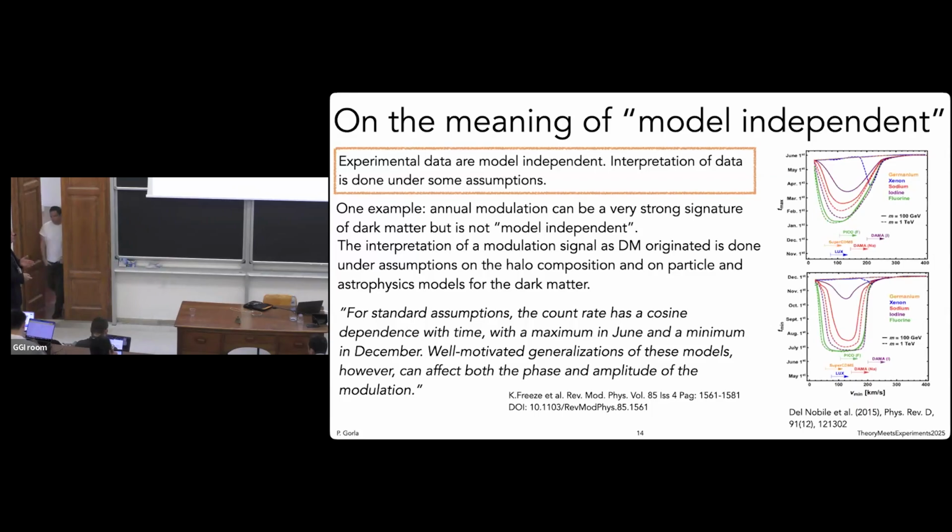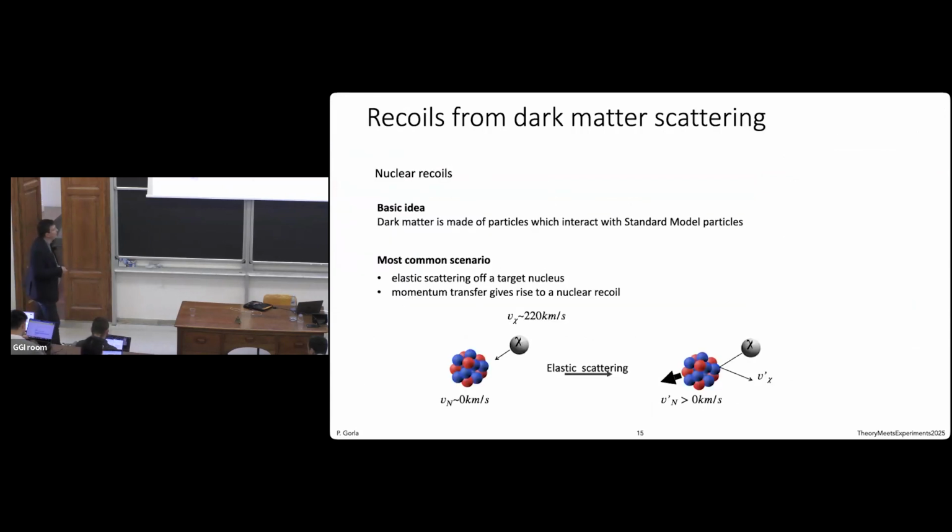So you get variations that completely change even your modulation. So even modulation is not a model-independent observation. It depends on the interaction you pick and the HALO you have. So just to say that when you look into data, you have to take it with a grain of salt. That's very simple.